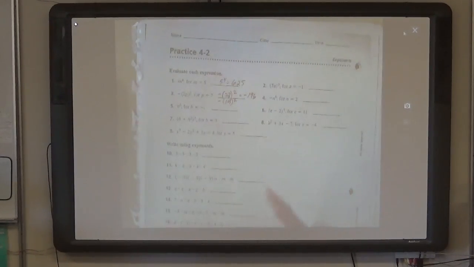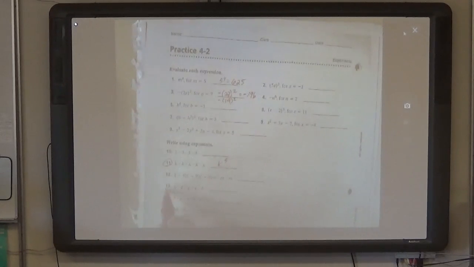Let's skip down to number 11. K times K times K times K times K is K to the 5th power, right? And then number 13: how would you write it with exponents?